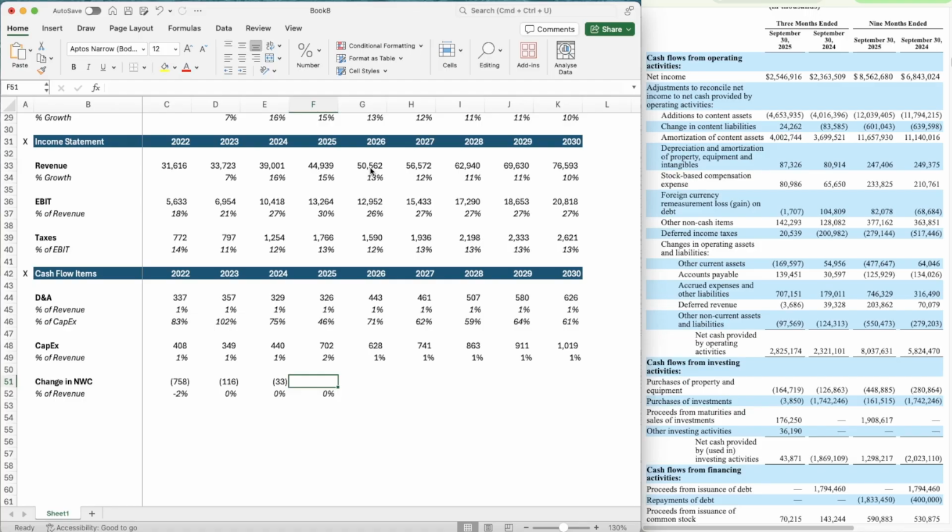So change in NWC, net working capital. Let's go equals sum and just sum up these ones here. Negative though. 329,203.82, negative 550.473.